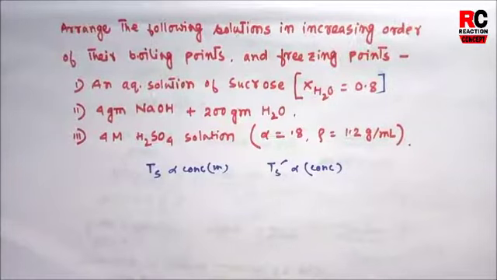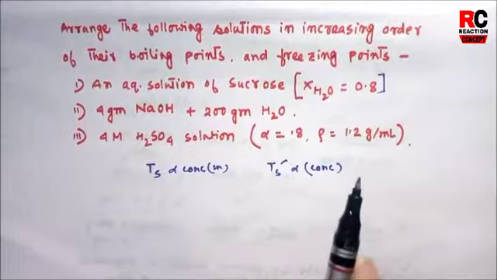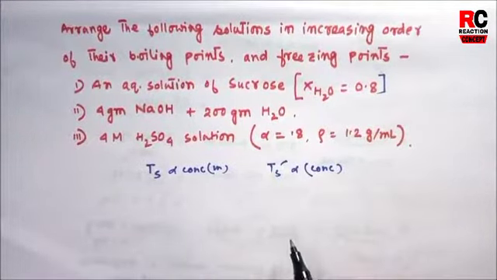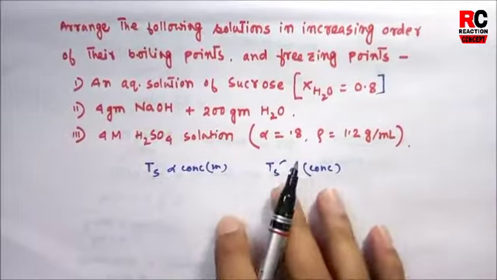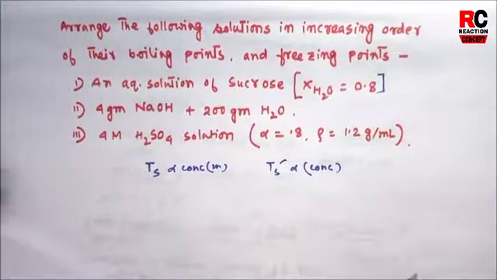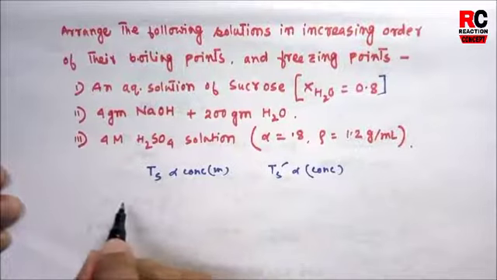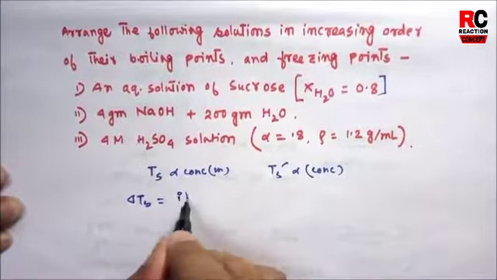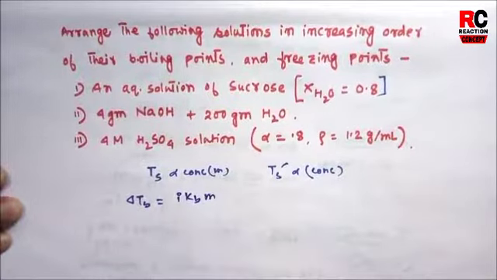To solve this problem, you should establish a relation between the boiling point of the solution and concentration, and the freezing point of the solution and concentration. So let us see what we get from elevation of boiling point. ΔTb is equal to i Kb m.